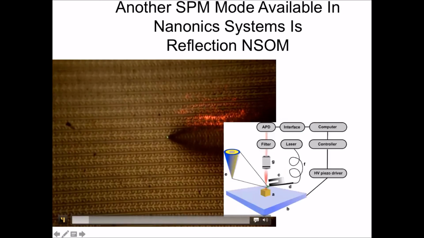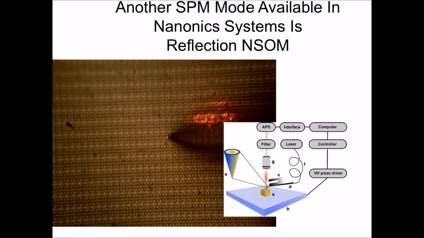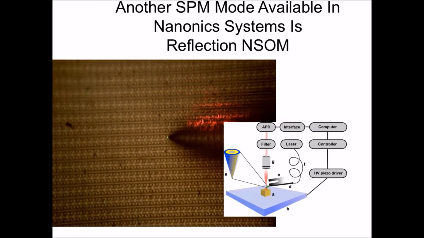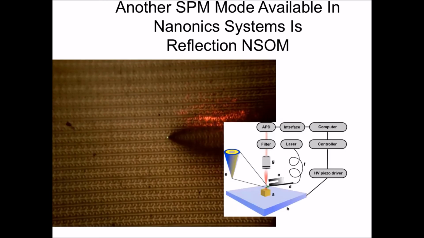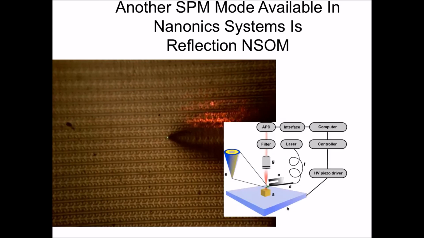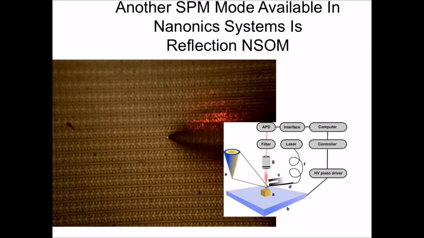Okay? You see, when in this movie, you see that little point of light? This is being scanned over transistors. And as the index of refraction changes, okay, you see the flickering of the tip of light.